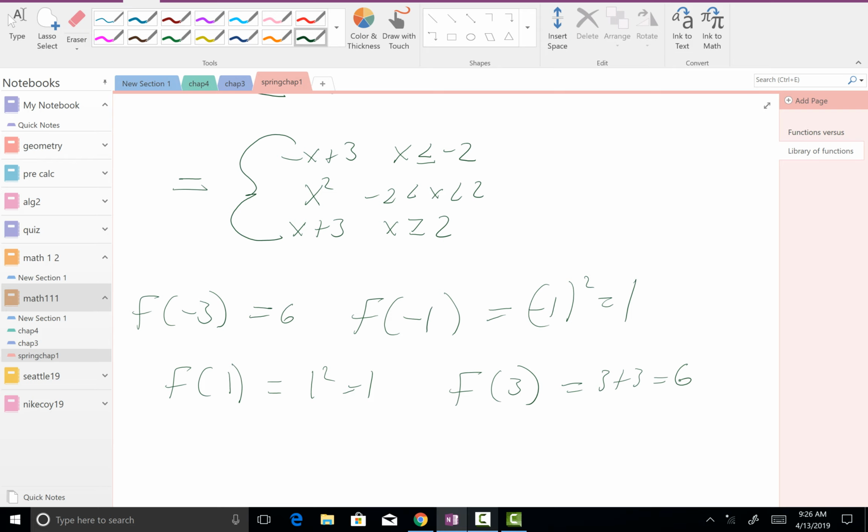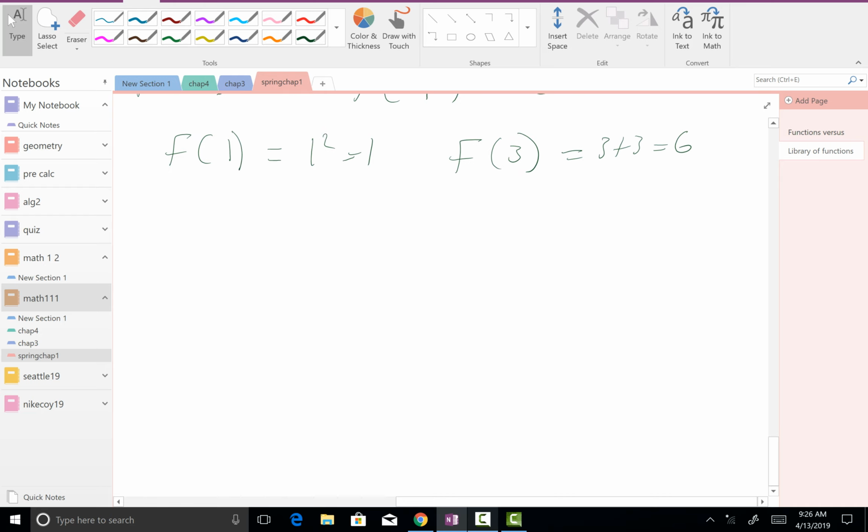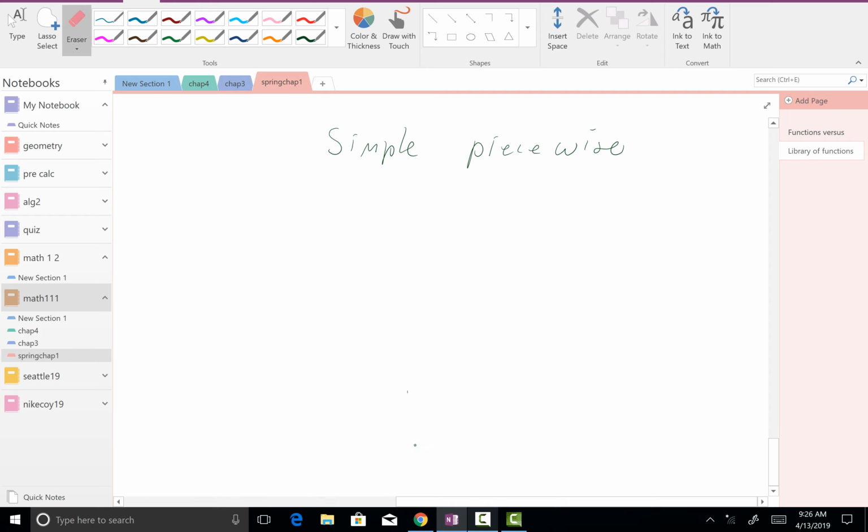So, let's do this. Let's make a simple piecewise function. I'm going to have you play around with this a little bit. Let me put this in a different color here, so we got this.